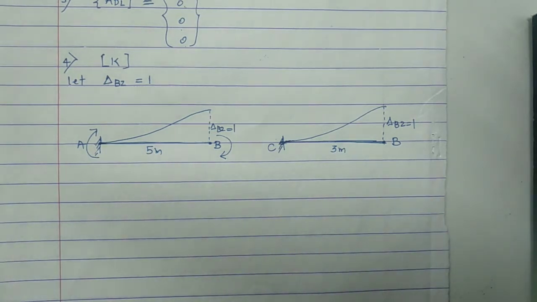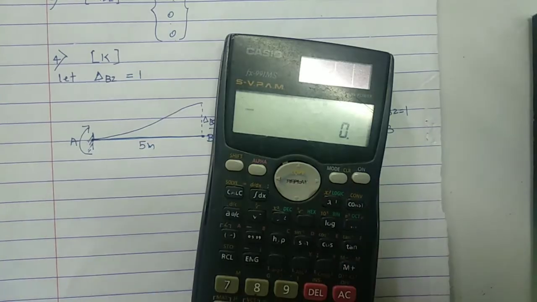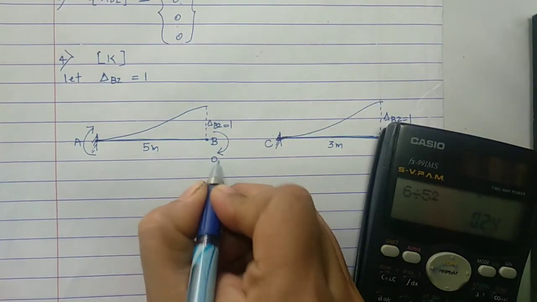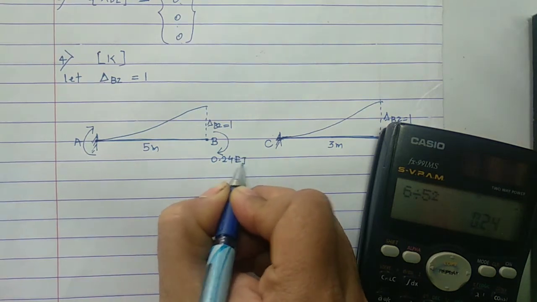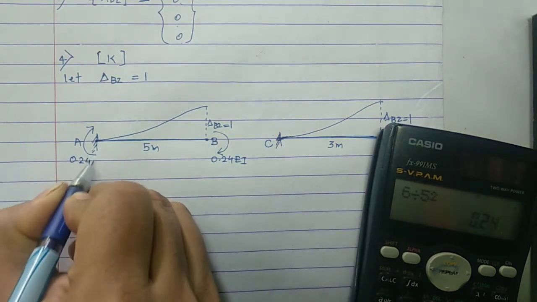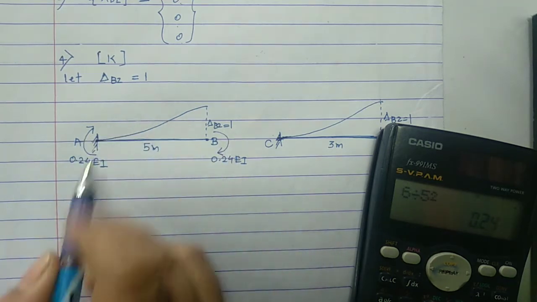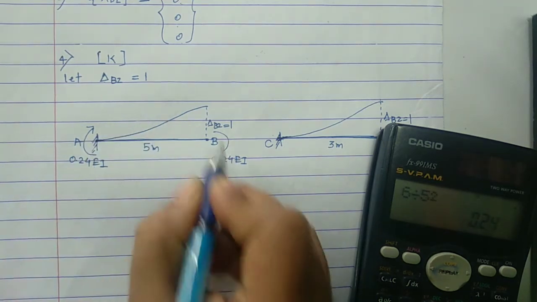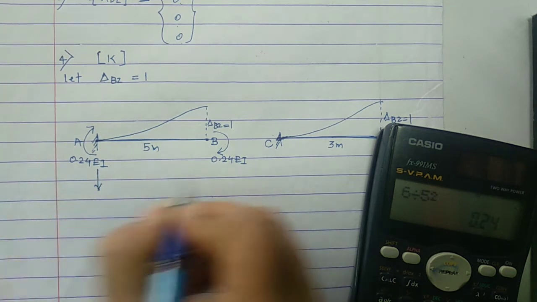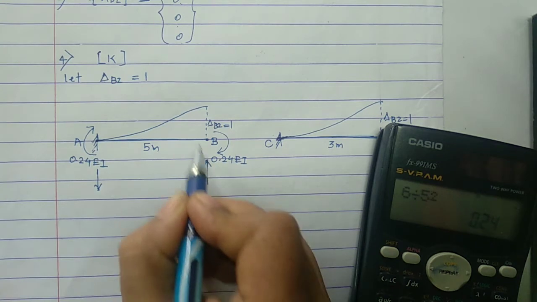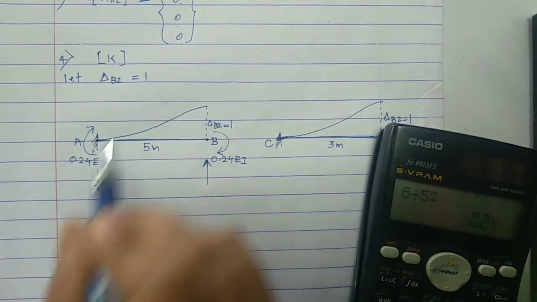So 6 divided by 5 square is 0.24 EI, the same moment 0.24 EI at both ends. Moments are in clockwise direction, so the reactions should form an anti-clockwise couple. So reaction at A should be downward, reaction at B should be upward, forming an anti-clockwise couple.